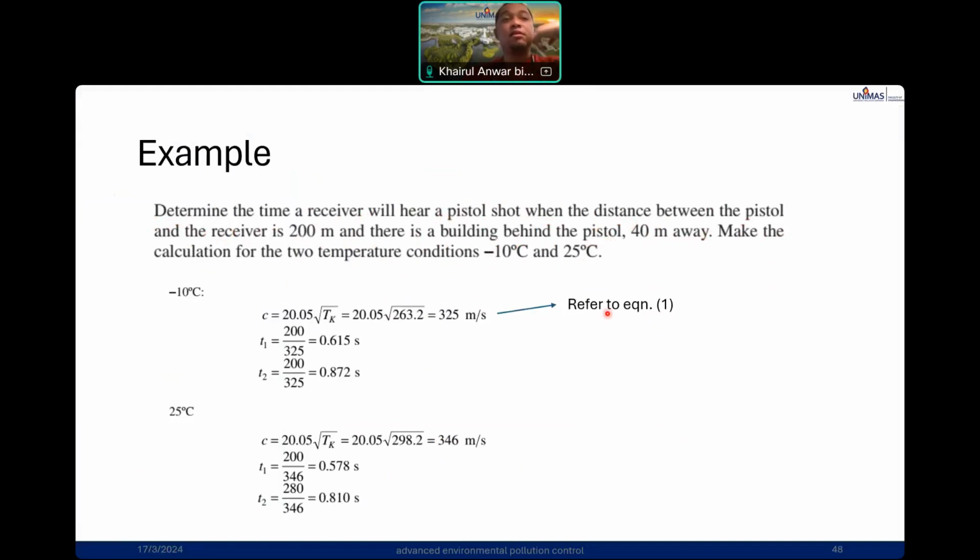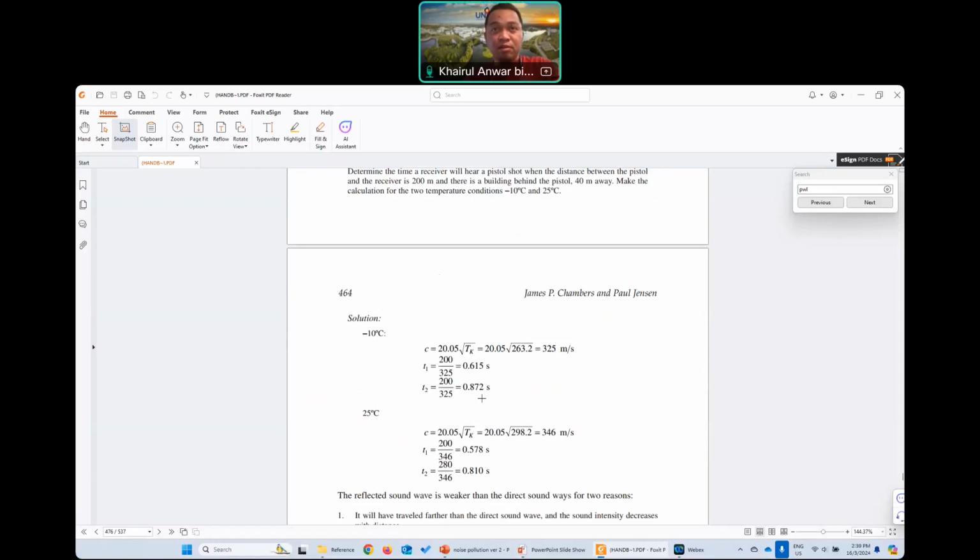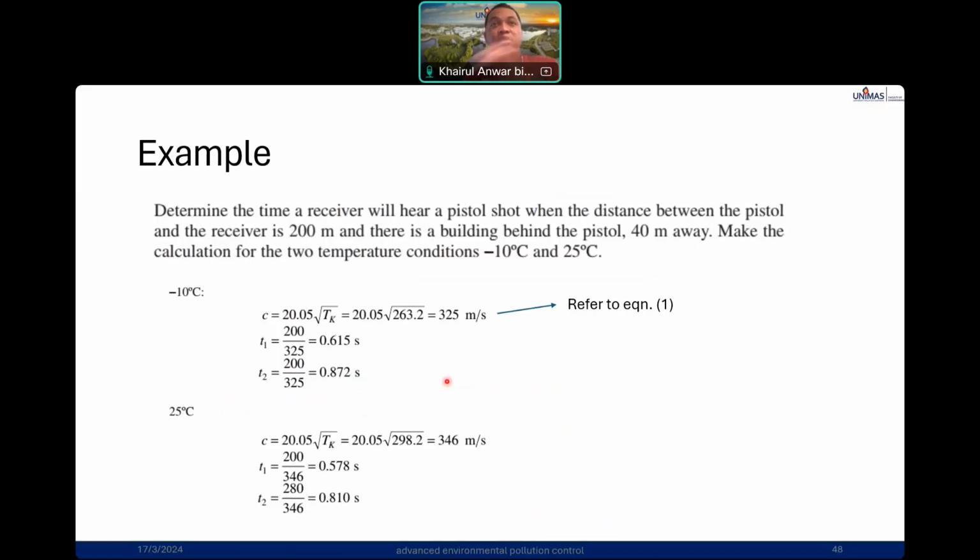So for this case, behind the person or receiver, there is a wall 40 meters away, meaning when it is reflected against the wall, the total R is actually 80. Correct? Yeah, 80. I looked in the book. The book is wrong. It should be 80.